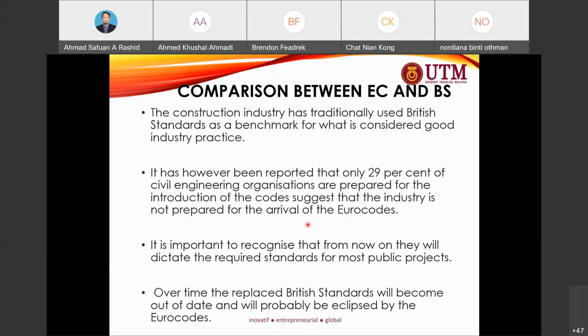I guess for the structural subjects, most of your topics have already used the Eurocodes. But in geotechnics, for example Geotechnique 2 for the undergraduate, you are still using the conventional methods.